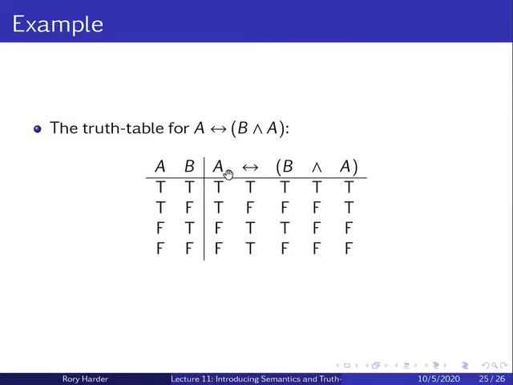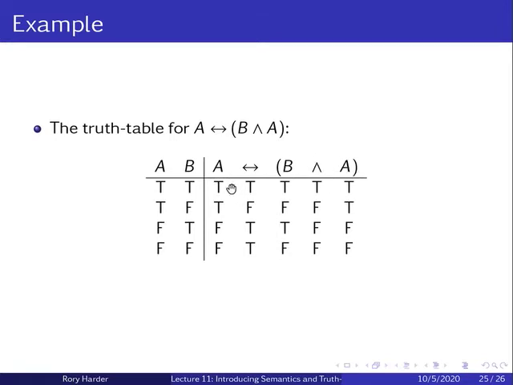And then you compare the truth value of A with the truth value of this conjunction B and A, and you see they're both true. And then given the meaning of the biconditional, which was discussed in the previous video, the meaning of the conjunction was also from the previous video, not the previous lecture. But in any case, you see A is true on this row, and B and A is also true.